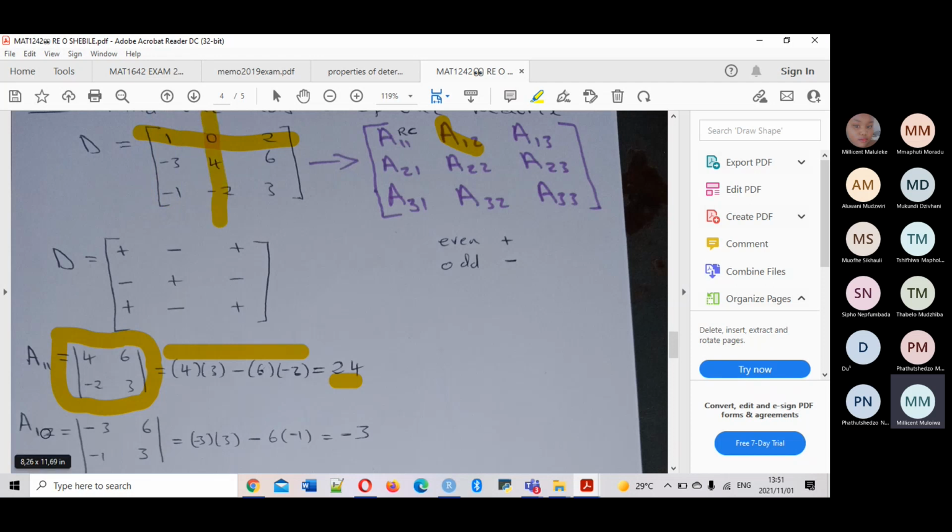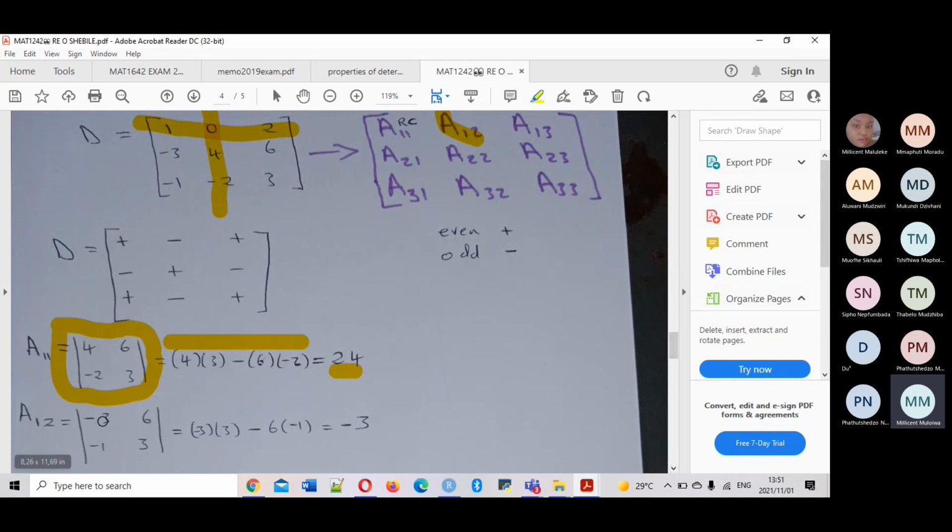So for A22, we are left with -3 and 6, -1 and 3. We write those numbers in determinant form, in absolute value form. So we find the determinant.